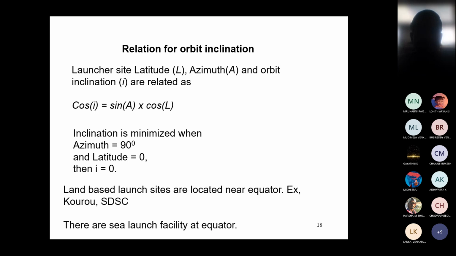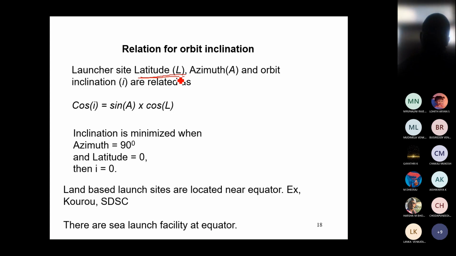But when we are launching the satellite, what is the angle of inclination? At what inclination angle should we launch the satellite? That inclination angle depends upon the latitude from which we are launching the satellite. What is the latitude of the launching site?